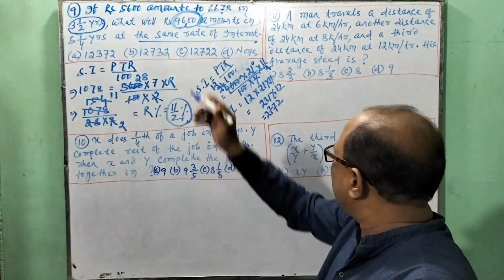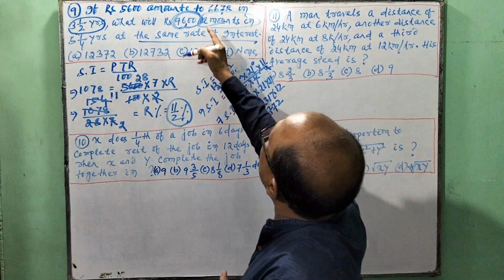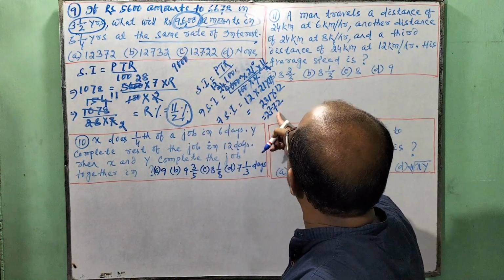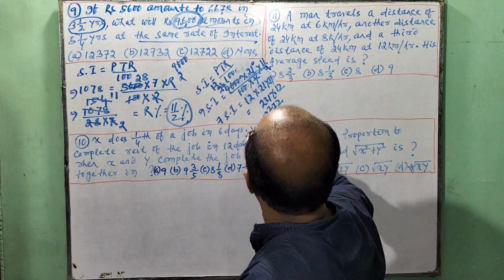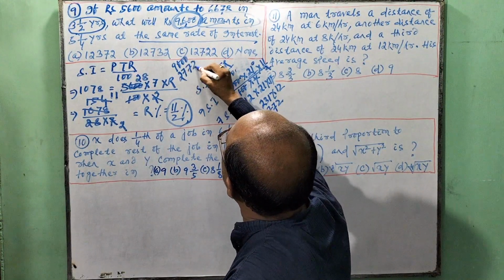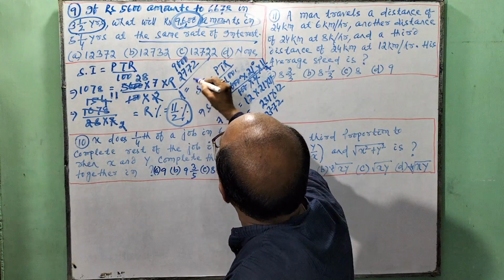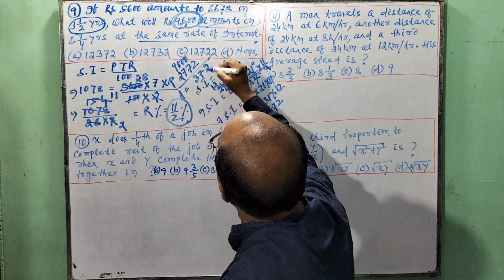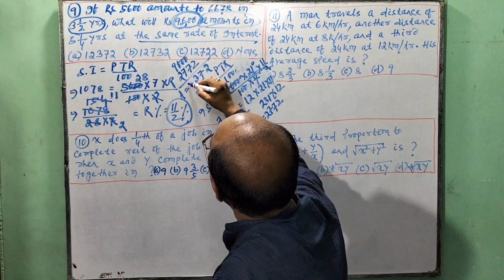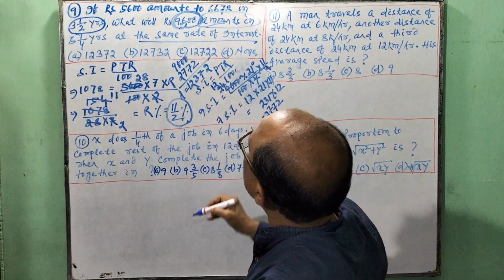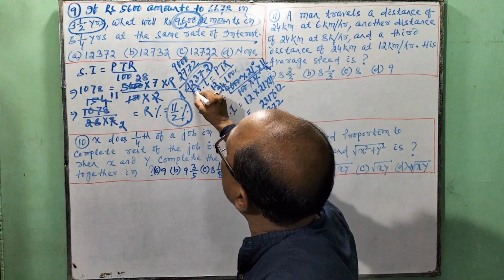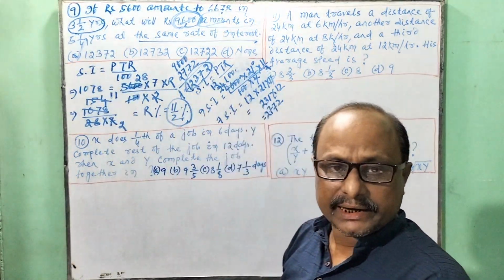So the amount is: principal 9,600, interest 2,772. So it is 12,372 is the answer. Right?